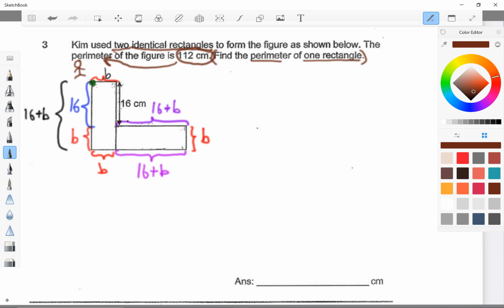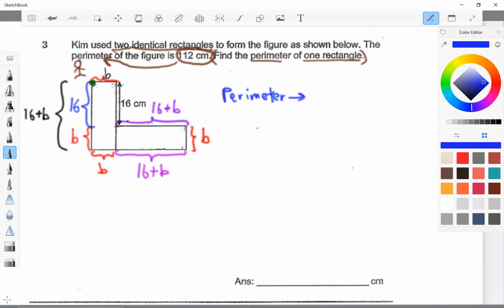If I go ahead and start to add everything up, I will realize that for the perimeter of the entire figure, 16 plus b actually appears a total of 4 times.